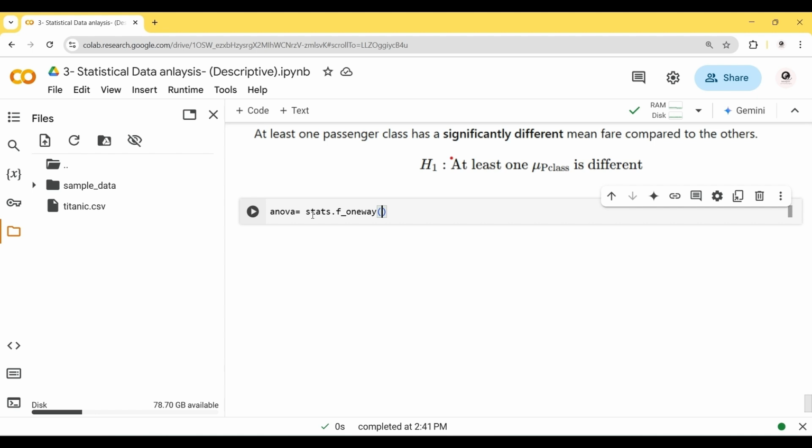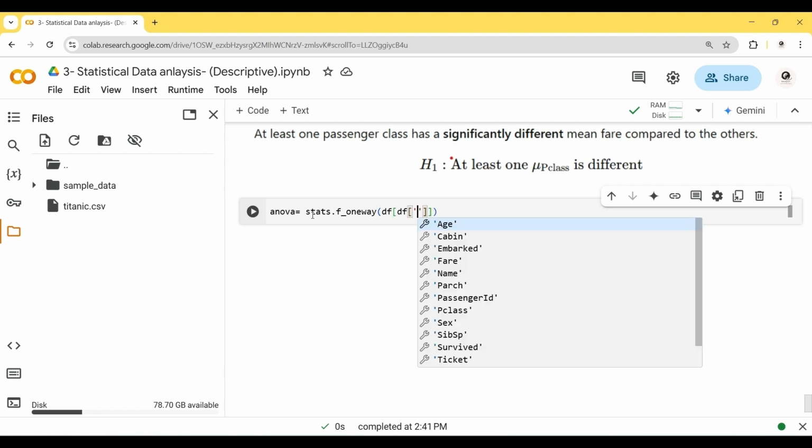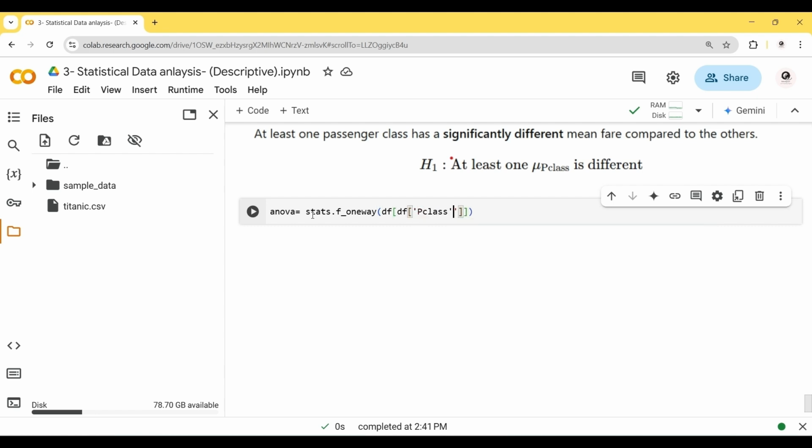So I will write df of P class equal to 1, fare. Similarly, I will write for passenger class 2 and passenger class 3 also.